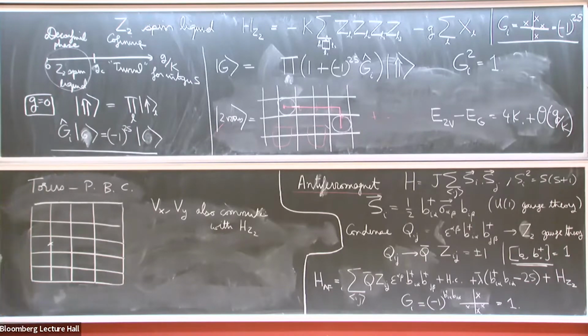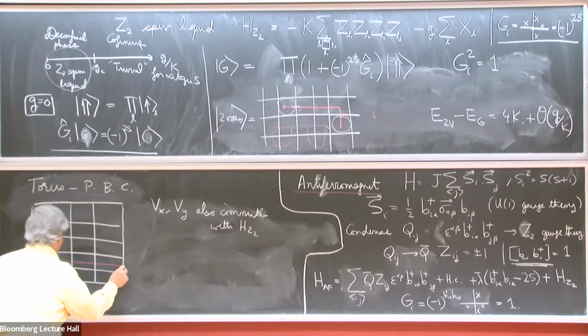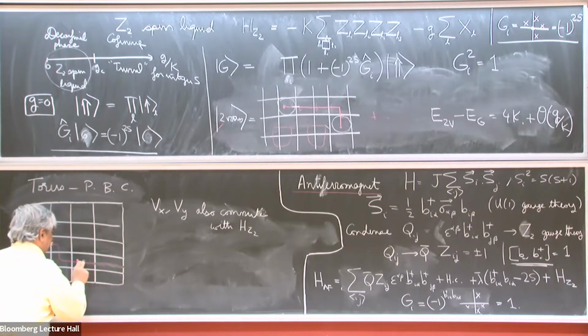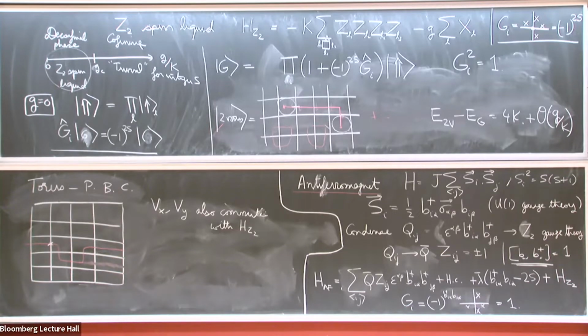Yeah, all right. So you draw this red line that I was drawing earlier, where I had the x operators, and I take a line, whoops, that's not periodic. Take a line that just goes around the torus. So here's some line that goes all the way around the torus.